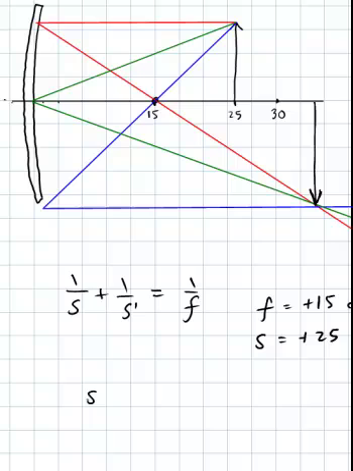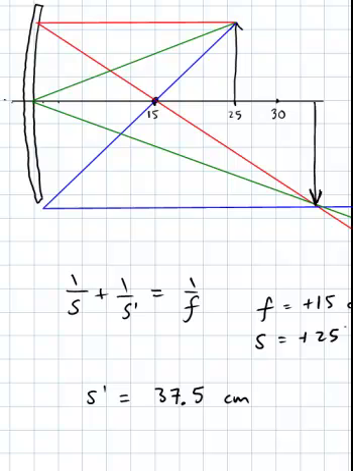So we end up with an image distance of positive 37.5 centimeters. So it's a real image. The light rays are actually joining together at the image and coming from the image as if there was a real object there.